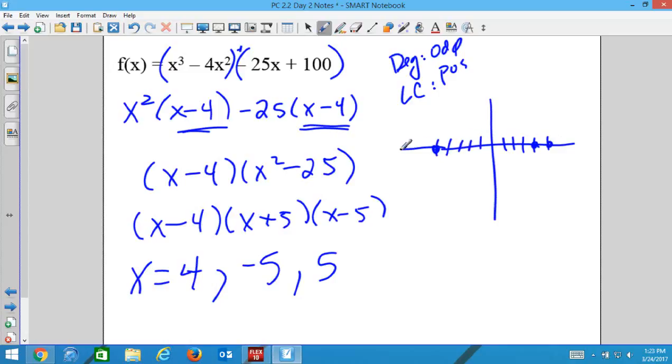So the end behavior is going to look like that. So how can I possibly connect it so it passes through those points and has the correct end behavior? Like that. And again, that's not accurate because there's still more information we can find that we'll do in a moment.